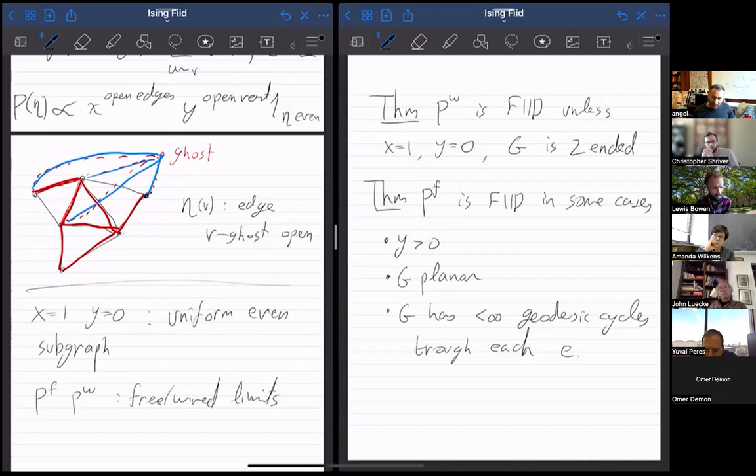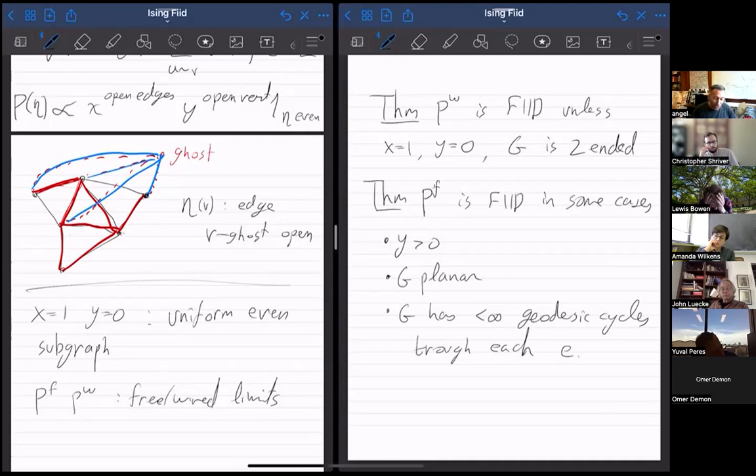If Y is not 0, then you have some collection of segments, and you have a cost of Y whenever a segment begins or ends, and then you have some weight X for every edge inside a segment.